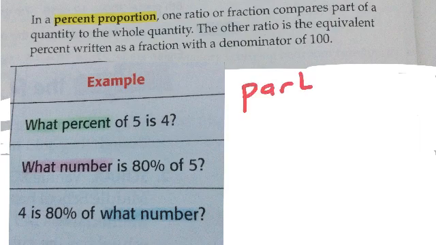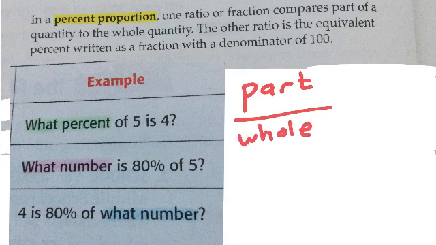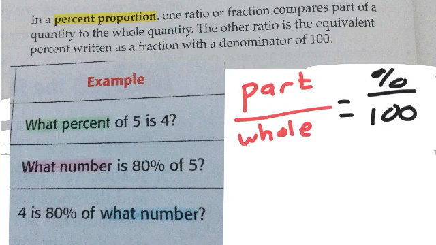We're going to look at word problems later on. And when we look at word problems, the percent proportion, we want to think about that as being part over the whole is equal to a percent over 100. So that's going to be our formula for word problems when we have a lot of detail.